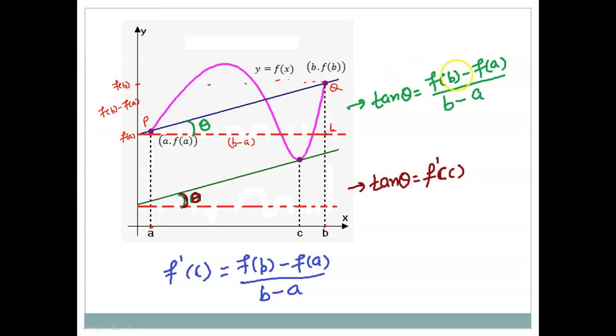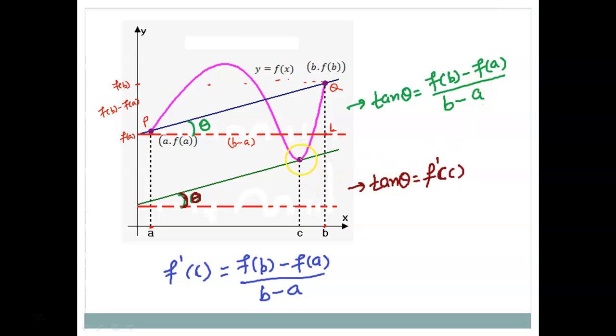So clearly f(b) minus f(a) divided by b minus a is the perpendicular over base in this triangle, and that is equal to tan theta. So tan theta is the slope of this line PQ. Here we can say the slope of this line is given by f(b) minus f(a) divided by b minus a.